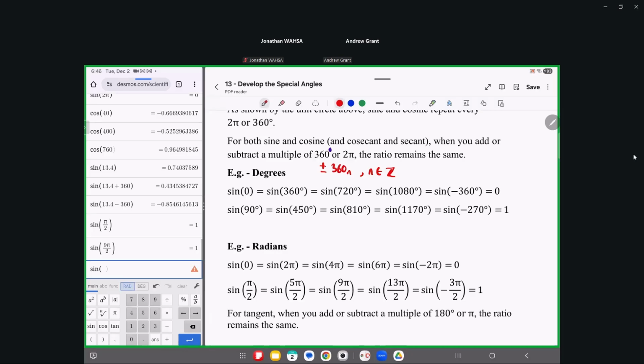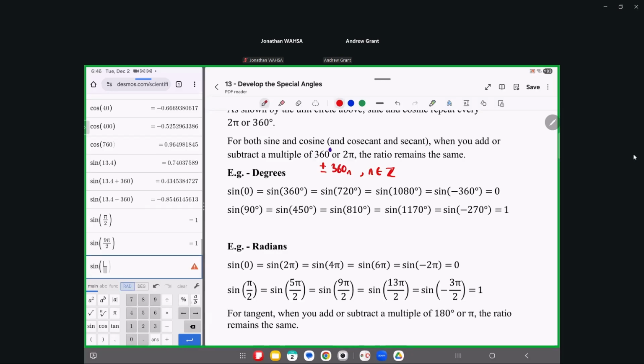And you could take sine of pi over 2 and add on some large multiple of 2 pi and end up getting the same thing in the end. Maybe if you're watching this online, I'll make it a bit more clear and say some multiple of 2 pi.